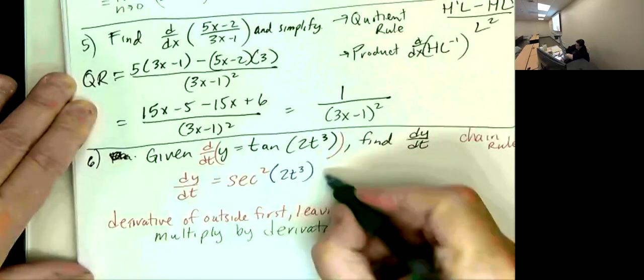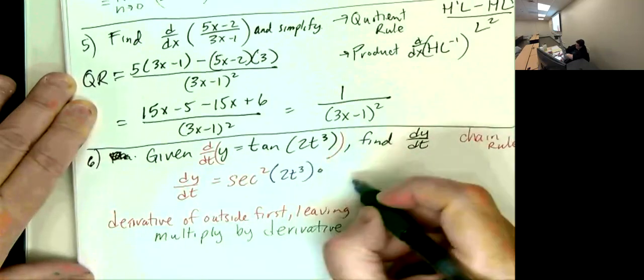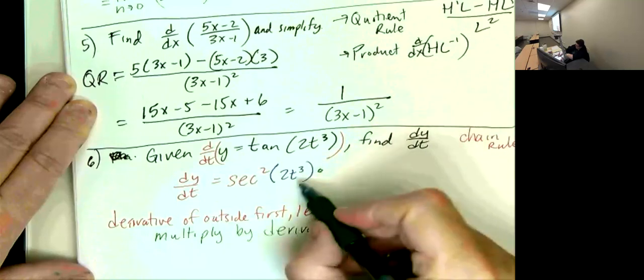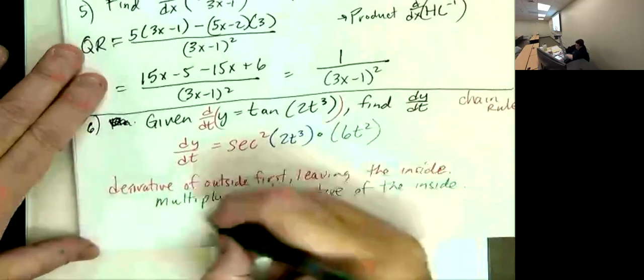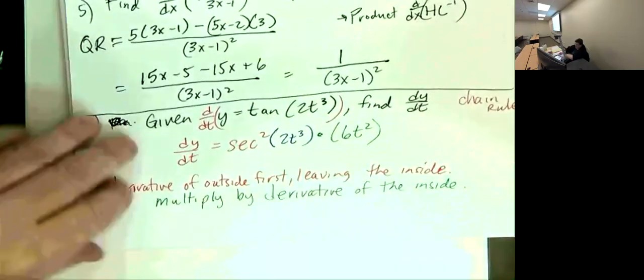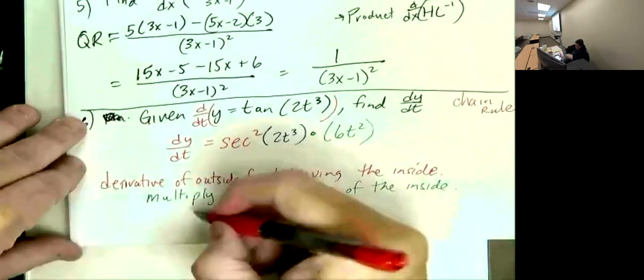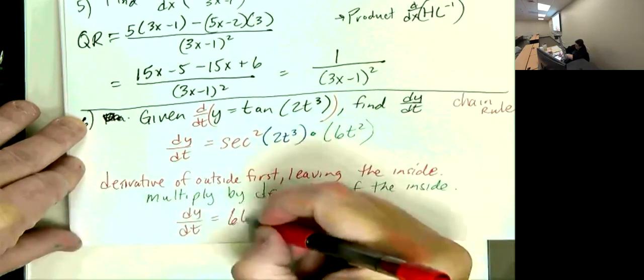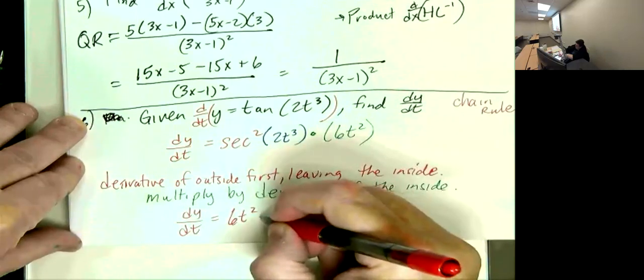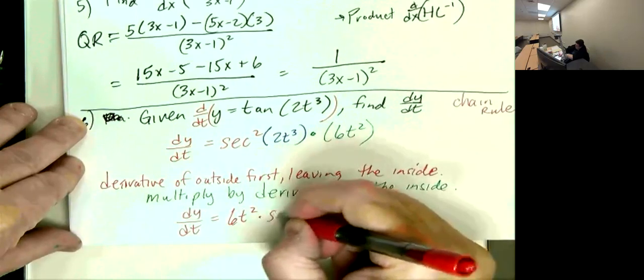The derivative of the inside with respect to t is 6t squared. So I would probably write this in a final form as dy/dt equals, and I would put the 6t squared in front, that way no one confuses it and thinks it might be part of the secant.